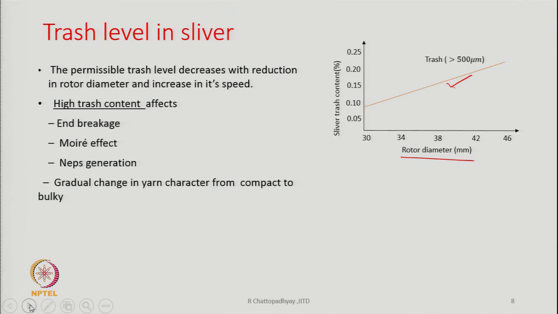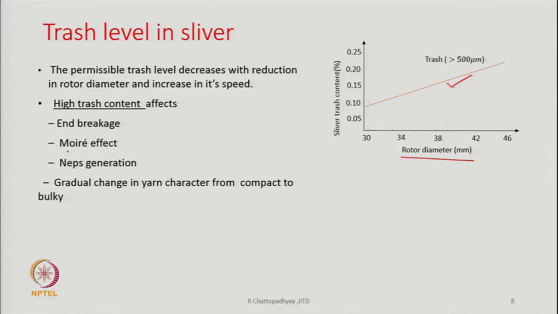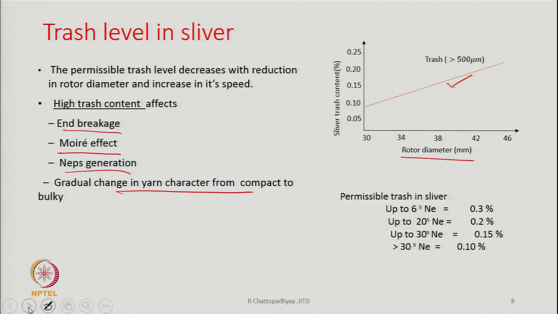So they will stay within the rotor and accumulate in the rotor groove, and that becomes a source of problems, especially Moire effect. It can lead to end breakages, nap generation, and gradual change in yarn character because of accumulation of dust in the groove itself. It will affect the flow of twist, and that is why the problems will arise.